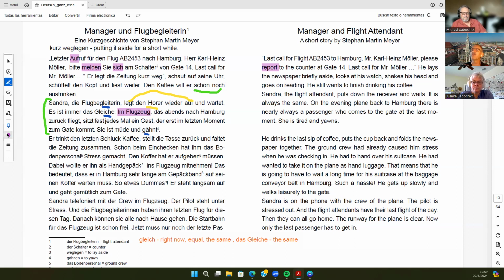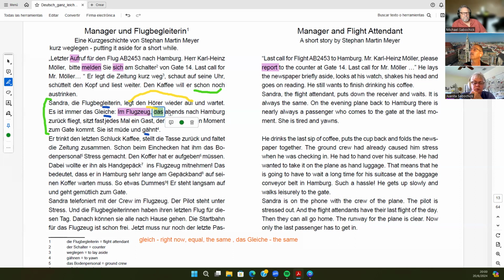So now we have a prepositional phrase. Or actually it's a pronominal phrase, because the das right here makes reference to the airplane. So im Flugzeug, das Flugzeug. Now we're going to get a small explanation of what kind of an airplane it is. What is she talking about?